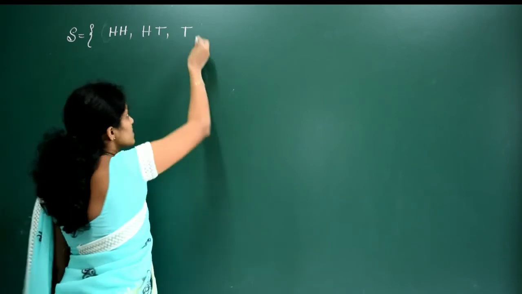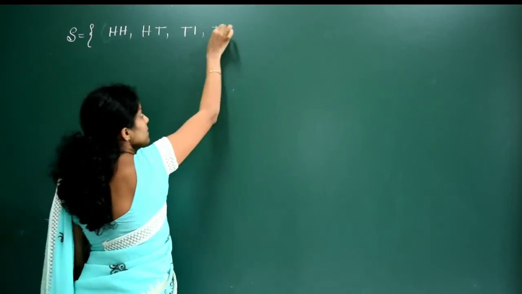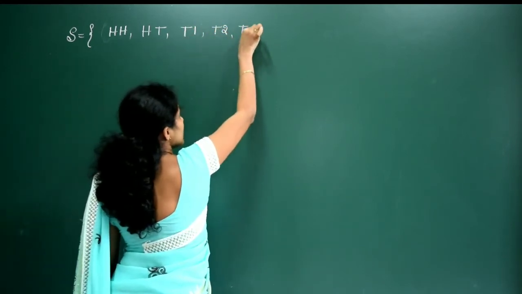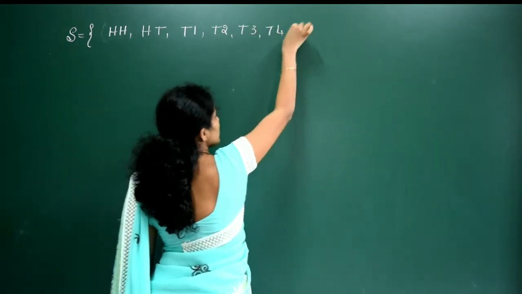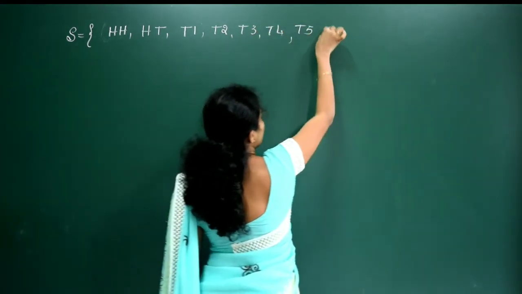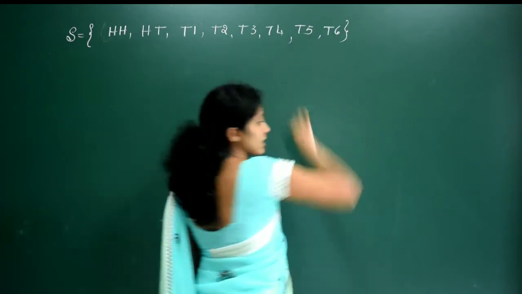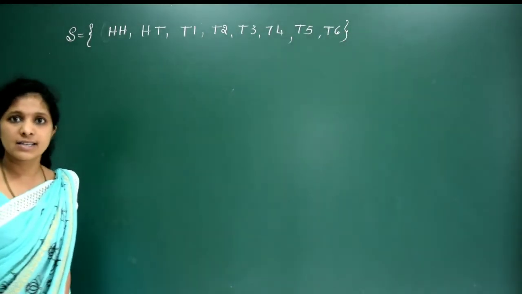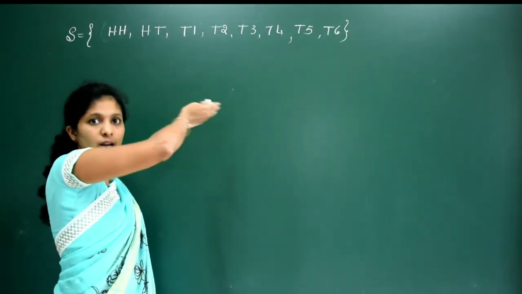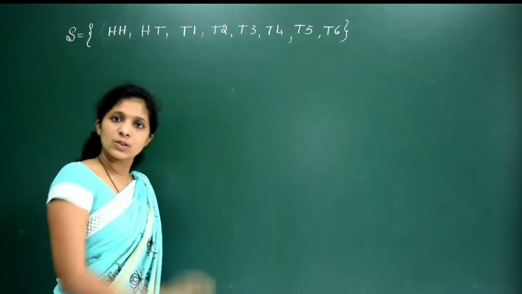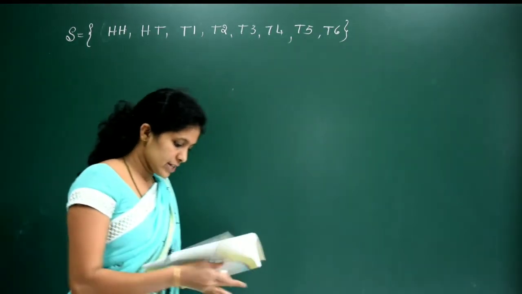Then possible outcomes are T1, T2, T3, T4, T5 and T6, right? Total how many elements are there? 8 elements are there in the sample space, because it includes both tossing a coin as well as throwing a die.